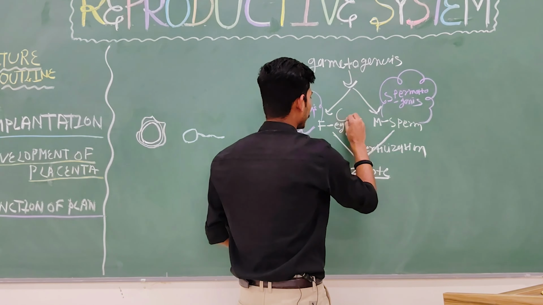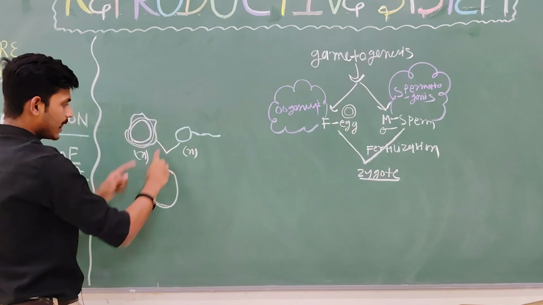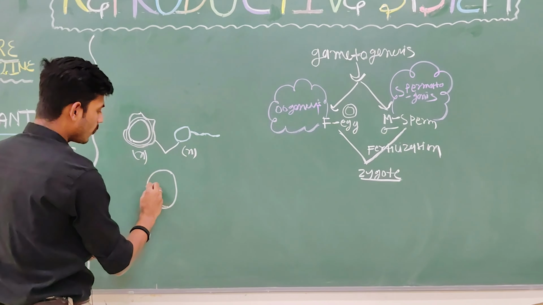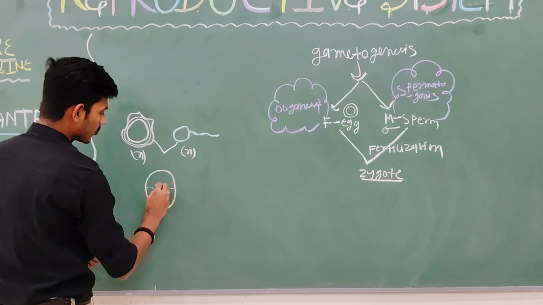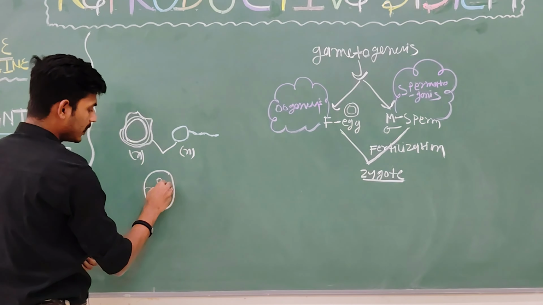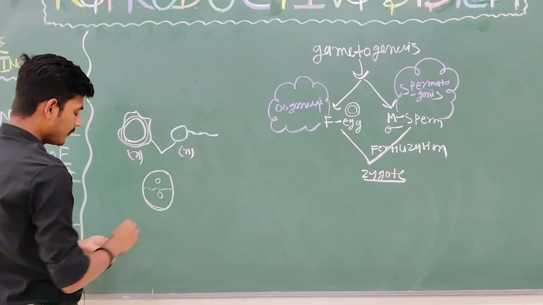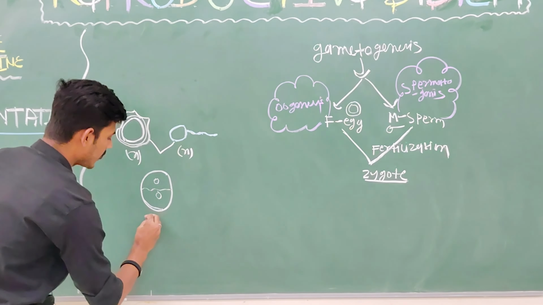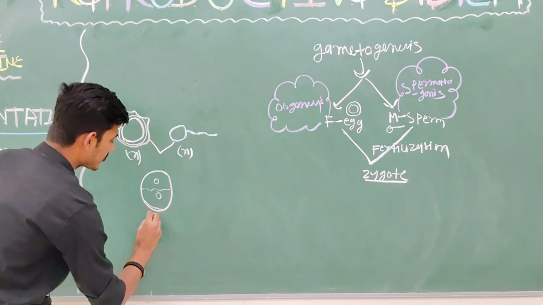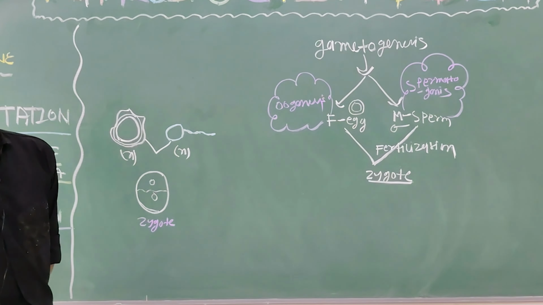These are haploid; I am representing haploid as N. After the fusion, they form the diploid structure, with the male pronucleus and female pronucleus, and this whole structure is called the zygote. Till here, any doubt?